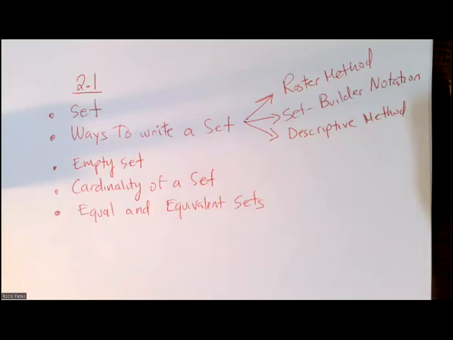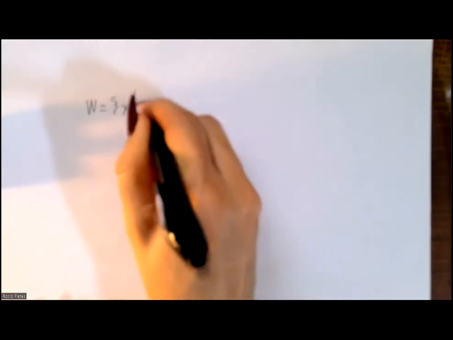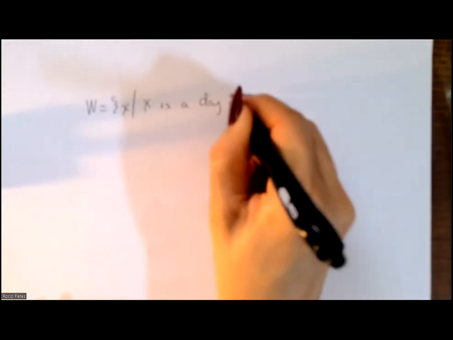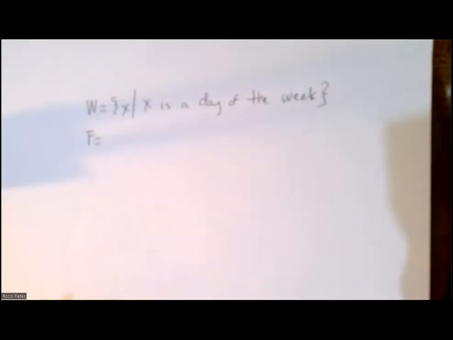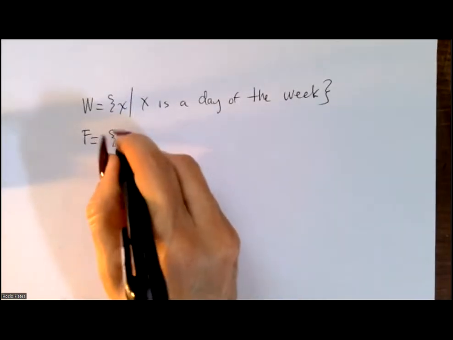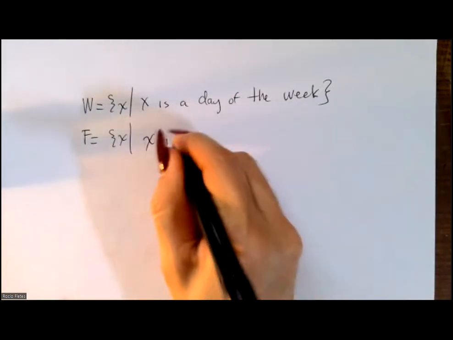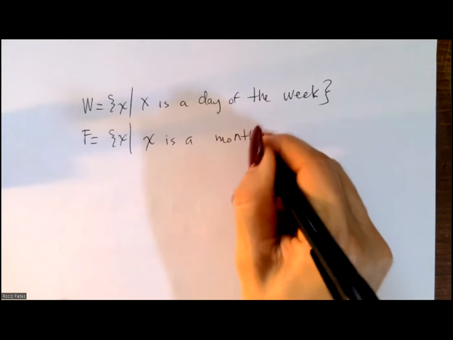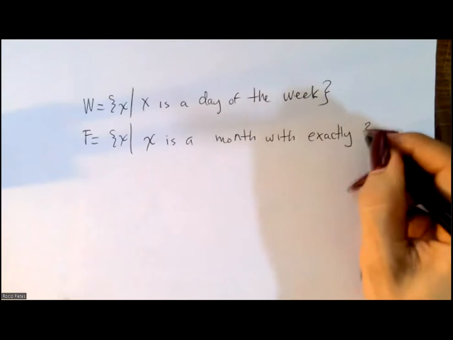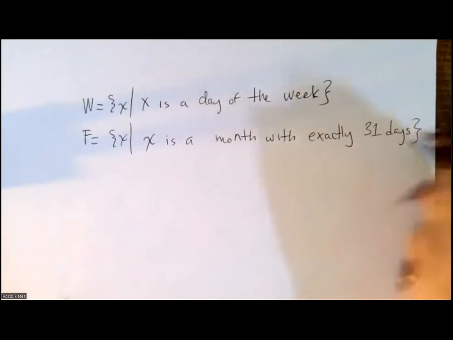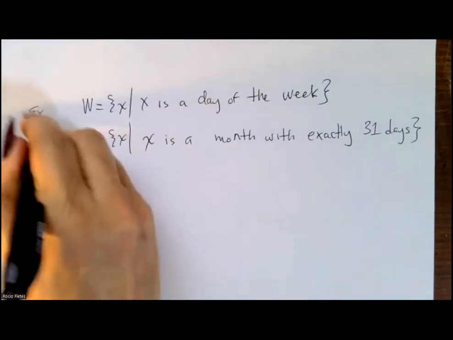So the set W is all the x's such that x is a day of the week, and F is the set of all the x's such that x is a month with exactly 31 days. And this is example 9.